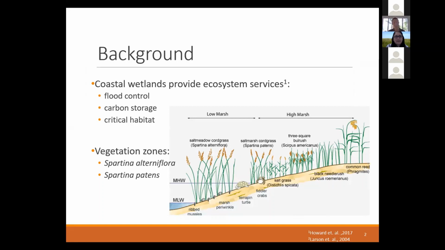So just a quick background, we all love wetlands, but coastal wetlands are particularly valuable because they provide ecosystem services such as carbon storage and critical habitat. The vegetation in these zones is controlled by the flooding regime, where the lower, more flooded areas are dominated by Spartina alterniflora, and the mid-marsh by Spartina patens.